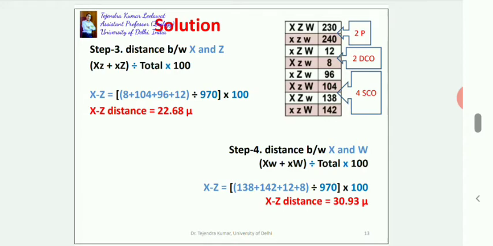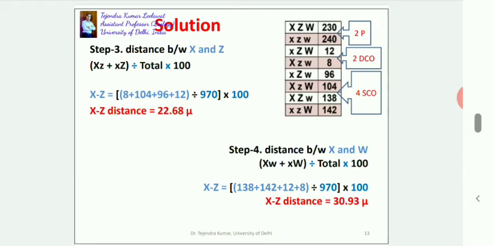Okay, so sum all these numbers and divide by the total, which is 970. You can calculate 230 plus 240 plus 212 plus 8 plus 96 plus 104 plus 138 plus 142. These all give you a total of 970.